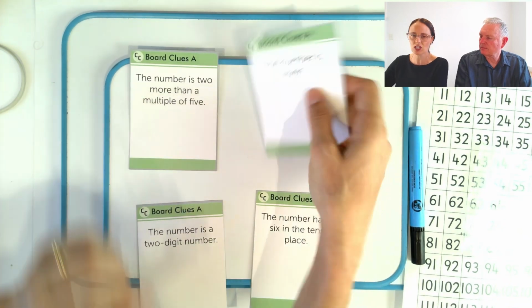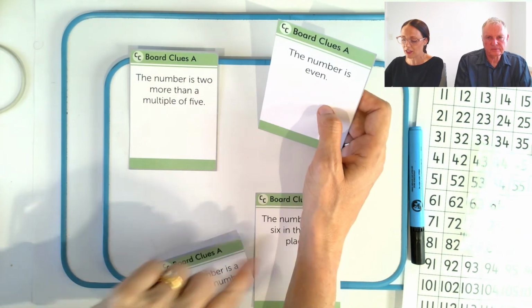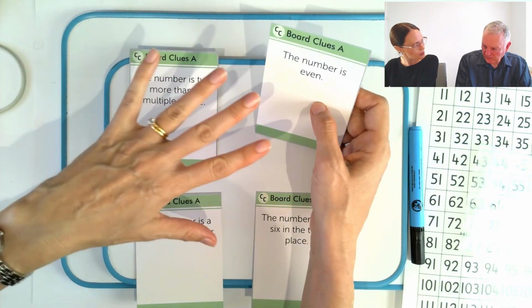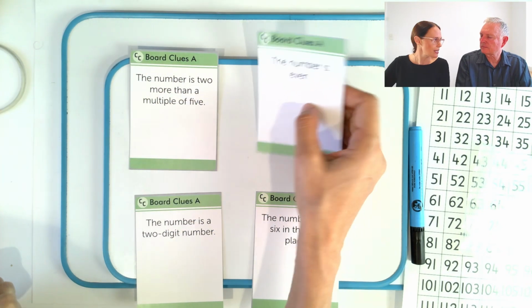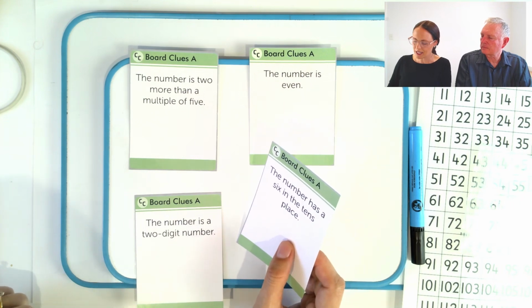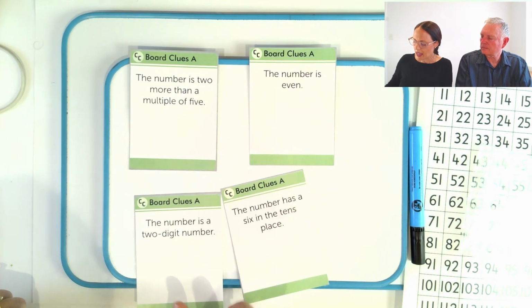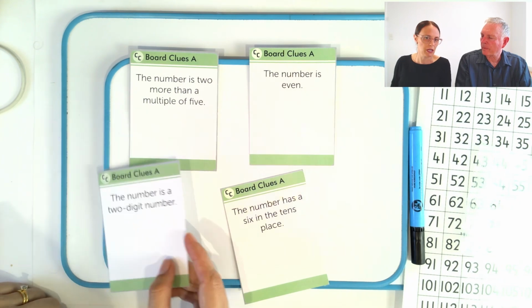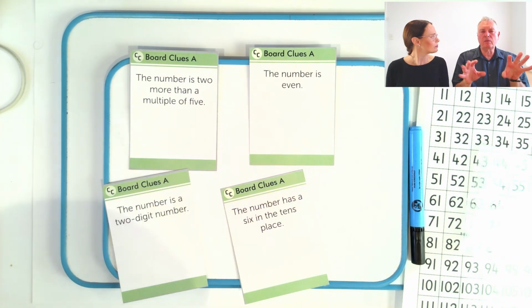Then the next child reads out to the other 3, who need to practice their listening skills of not talking while this person's talking: the number is even. The 3rd person reads out, the number has a 6 in the tens place. And then the final child reads, the number is a 2-digit number. At that point, we have to stop because we want to think about what we just read.